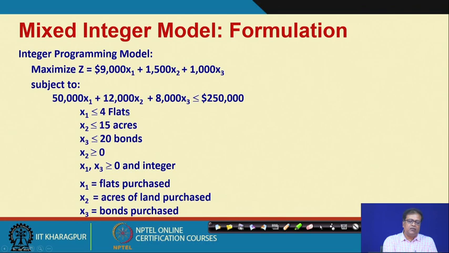So, 50,000 x1 plus 12,000 x2 plus 8,000 x3 should be less than the total amount available. x1 is less than or equal to 4 flats, x2 is less than or equal to 15 acres and x3 is less than or equal to 20 bonds, and they are all greater than or equal to 0, but additionally x1 and x3 are integers. Right.